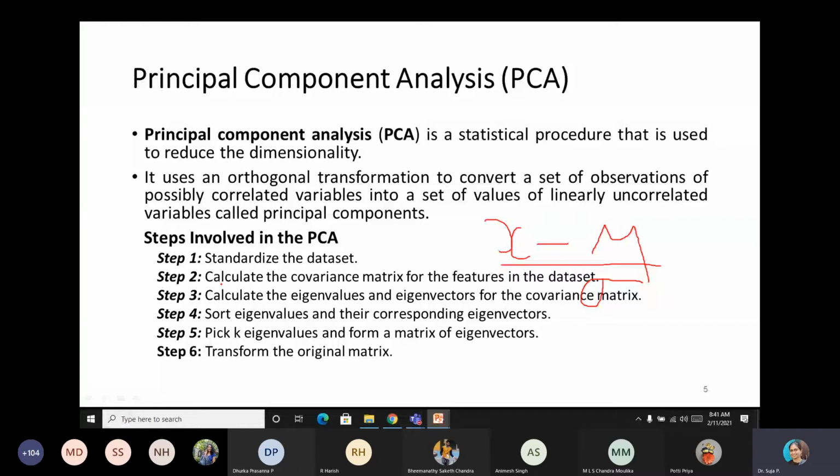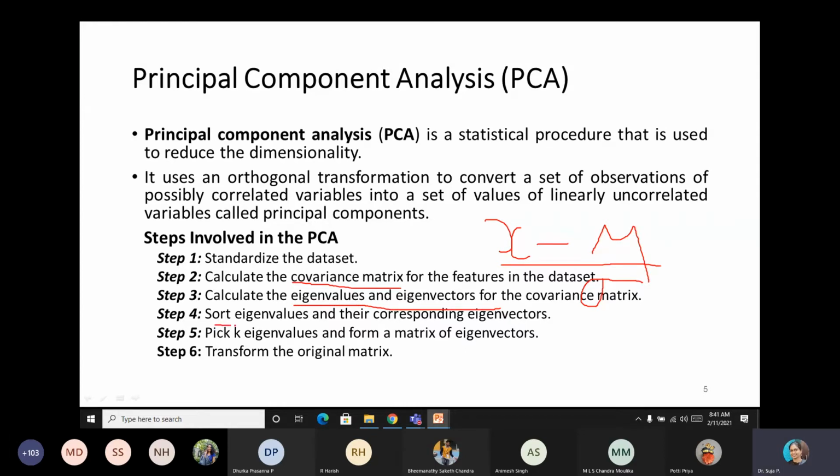Then calculate the covariance matrix for the features in the data set. We will be discussing how to find the covariance matrix. Basically, we are going to find the relationship between the features, how the features are related. Based on that the covariance will be calculated. And we have to calculate eigenvectors and eigenvalues. These are very important steps.